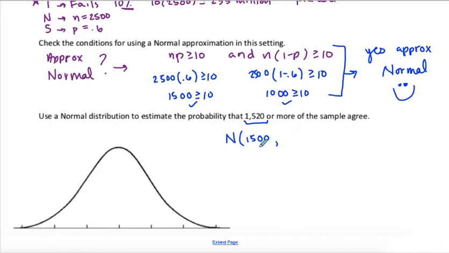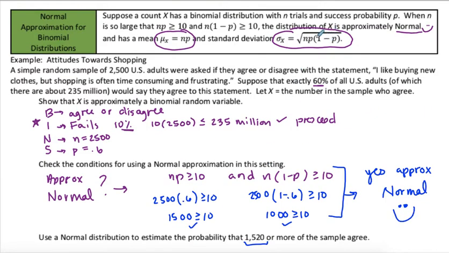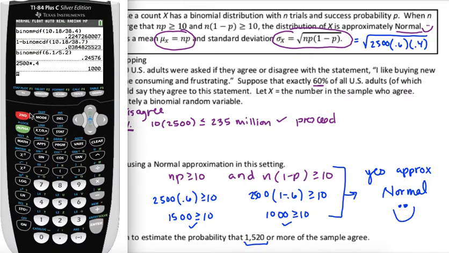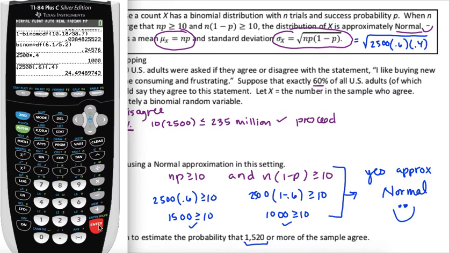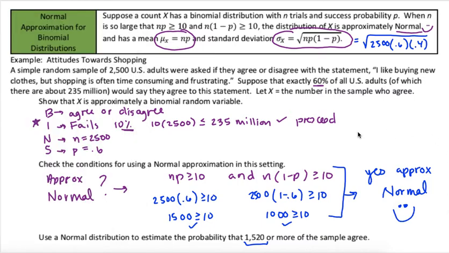This is where I need to go back to my formula and calculate. My standard deviation is going to equal the square root of 2,500 times 0.6 times 0.4. So I'm going to do that on my calculator: square root of 2,500, and then there's our probability for success, and there's our probability for failure. Putting that in, I get a standard deviation of 24.5.